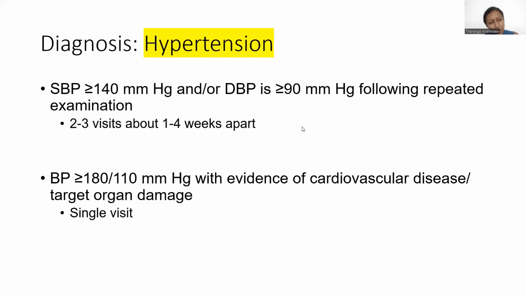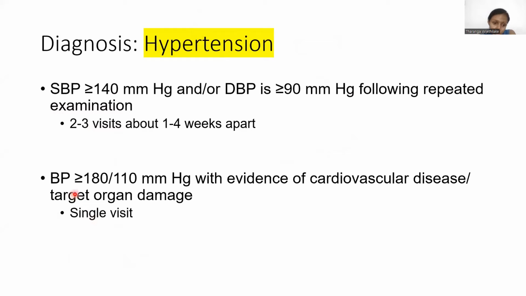One of the things that you could employ is maintaining a blood pressure diary. So that is the classical way of diagnosing hypertension. But now, in a single visit, you could diagnose hypertension. I'm not talking about hypertensive emergency, but pure hypertension.